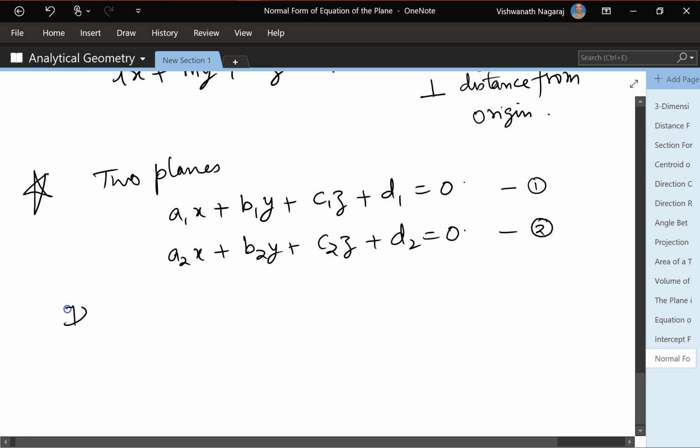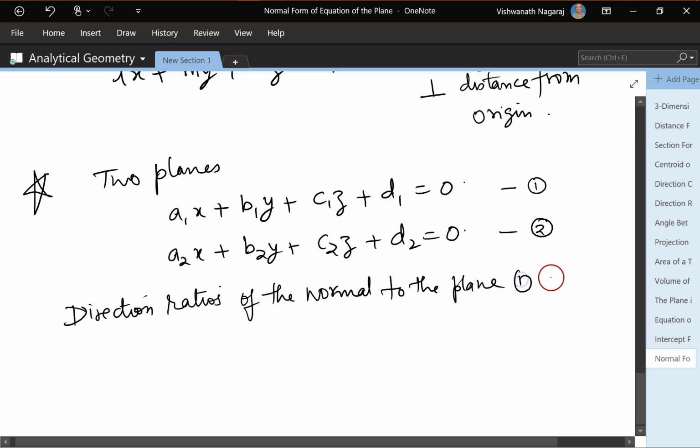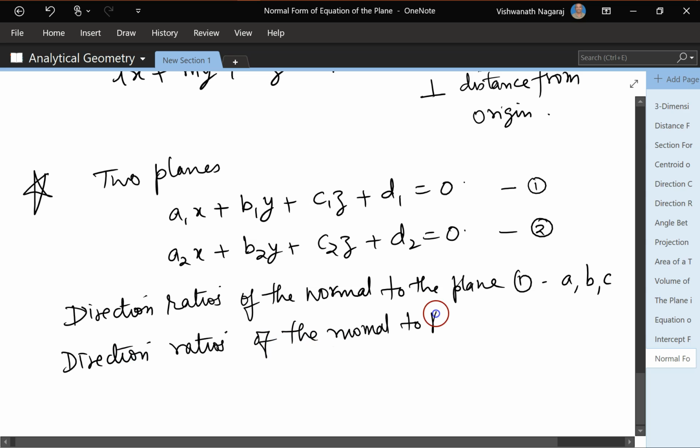Now the direction ratios of the normal to plane 1 are a1, b1, c1, and the direction ratios of the normal to plane 2 are a2, b2, c2.